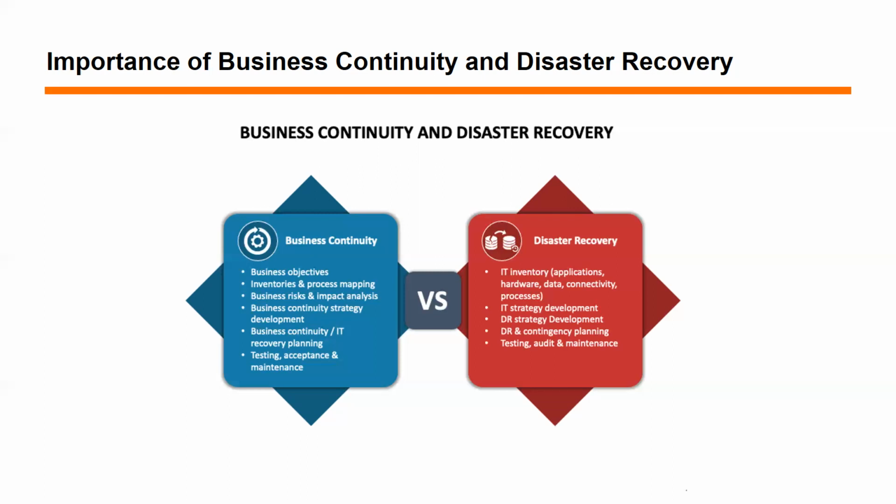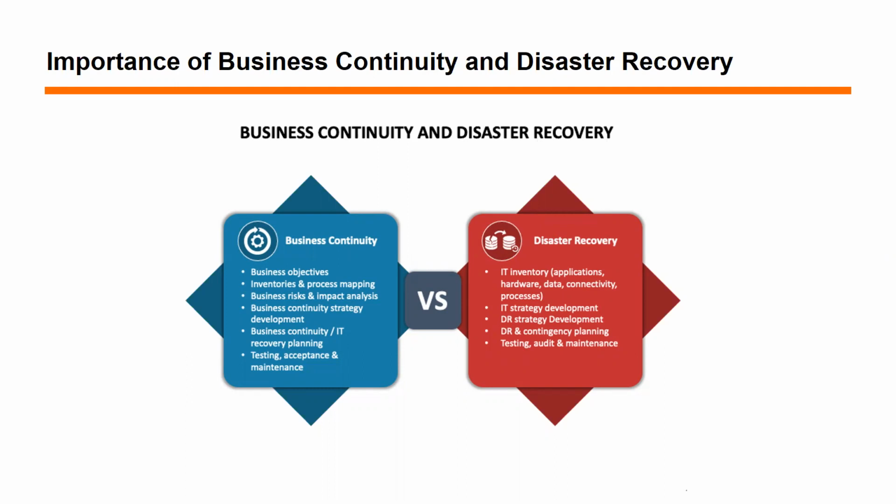An RTO represents the maximum acceptable amount of time that is a measurement of downtime for restoring a business process or an application and regaining access to data after an unplanned interruption.